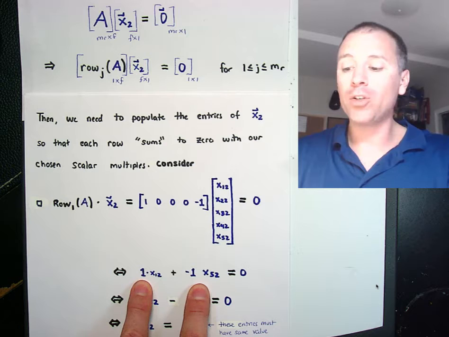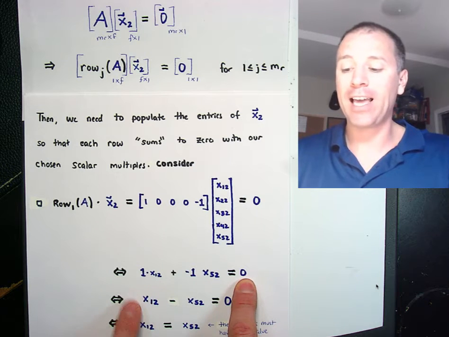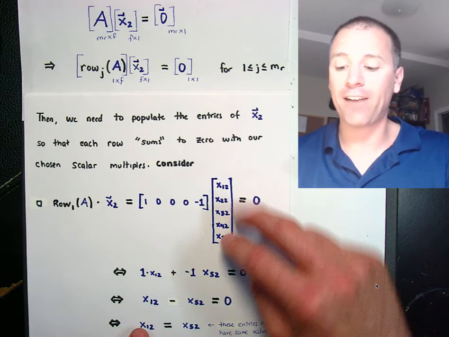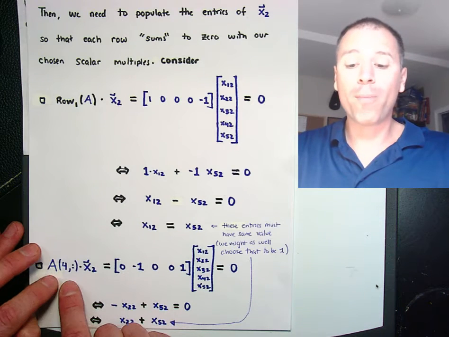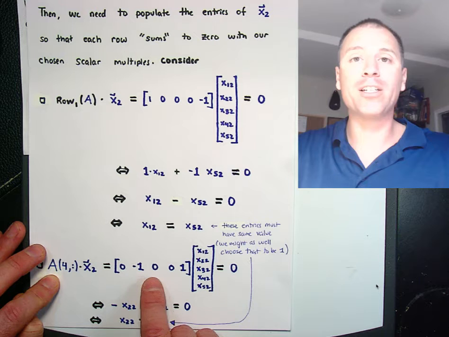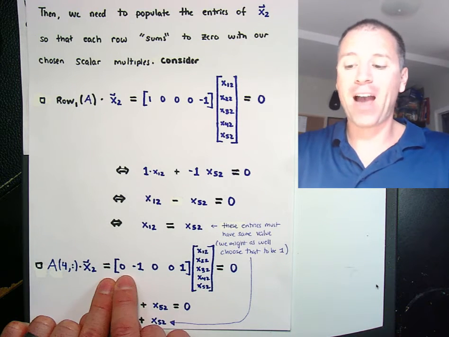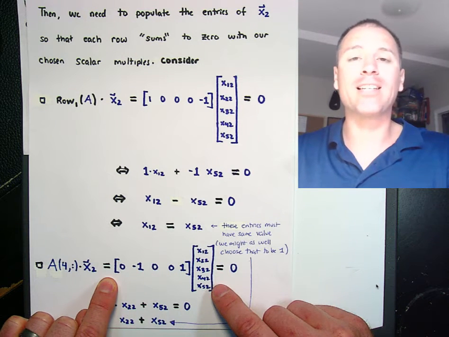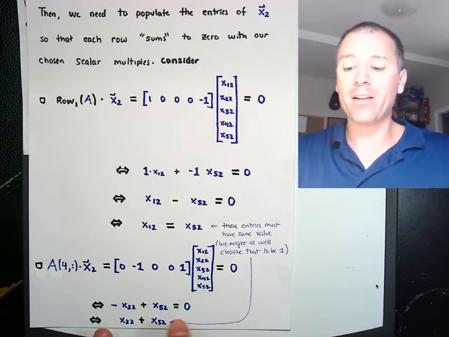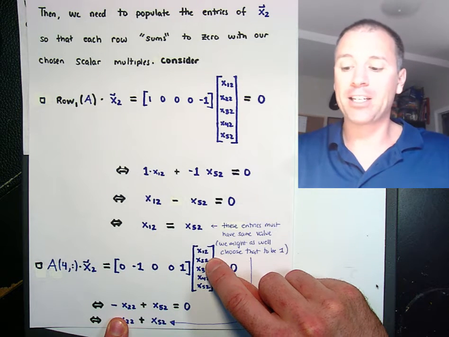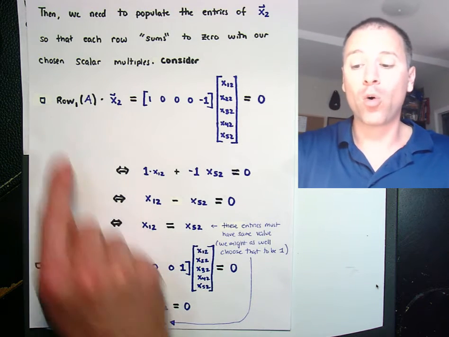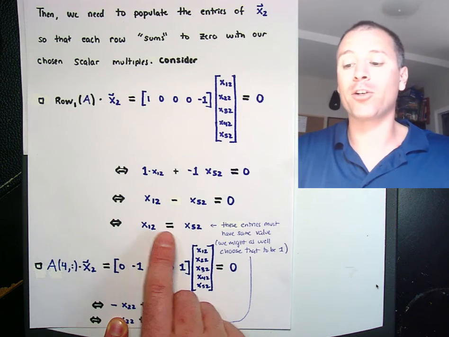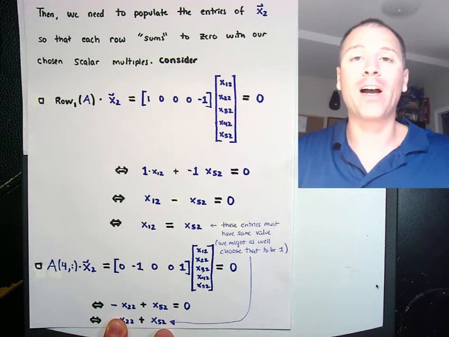When I add those two together, I get 0, which says that at least two of those entries have to be identical. We could do a similar analysis for row 4. Row 4 of our matrix is 0, negative 1, 0, 0, 1. When I multiply row 4 by my unknown and desired vector x2, that immediately says that the second entry is going to be identical to the fifth entry, but we knew from row 1 that the first entry was going to be identical to the fifth entry, so all of those values are identical.